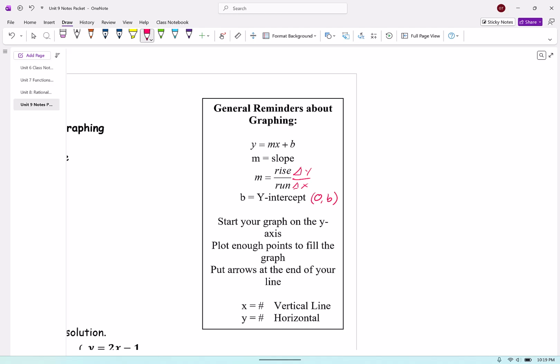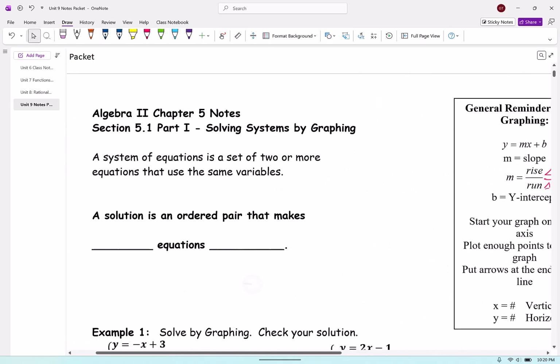Remember that a vertical line is an x equals equation, and a horizontal line is a y equals equation, which hopefully from the previous unit on asymptotes we've gotten better at identifying.